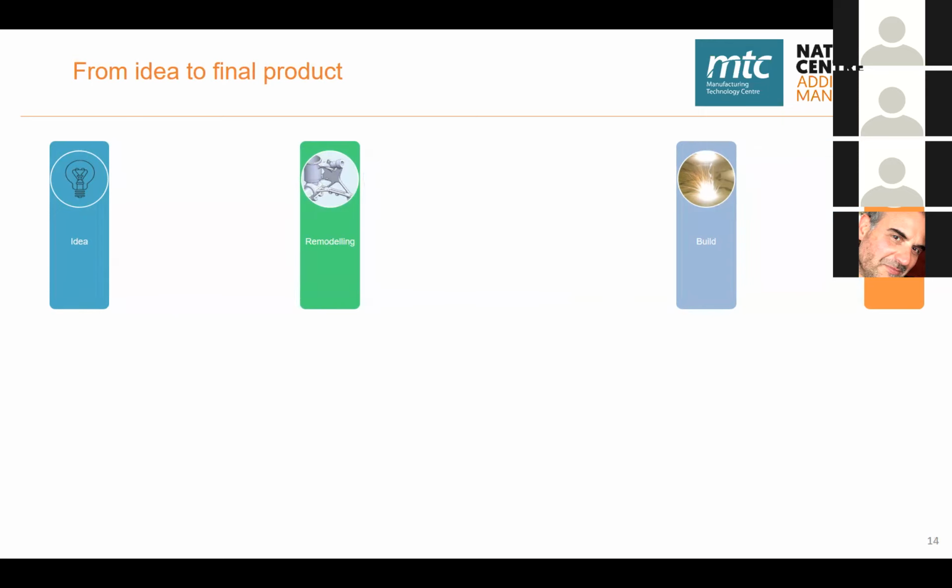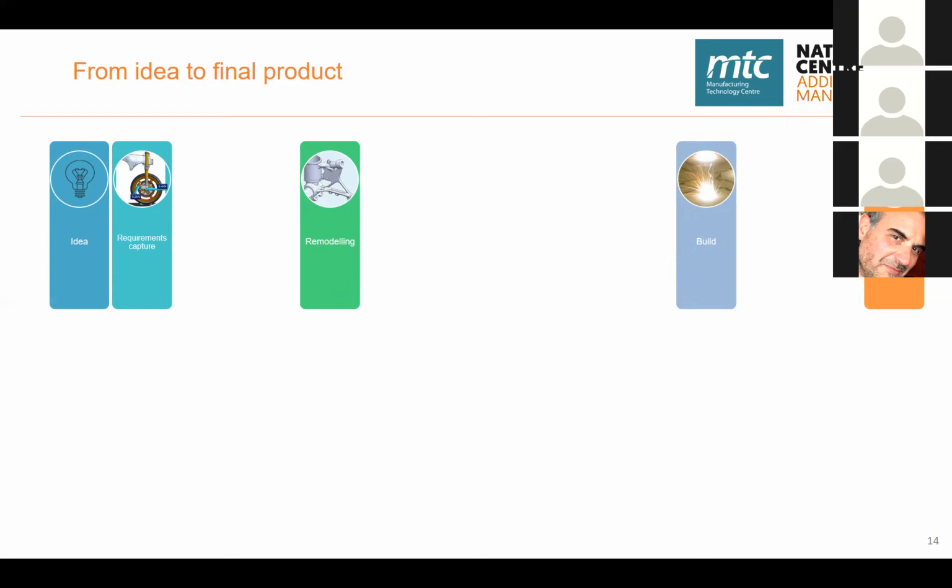So when we have an idea, starting from the left, first of all, we need to identify what the requirements of that application are. As an example, I put before the motorbike fork end, capturing what requirements our part needs to meet.